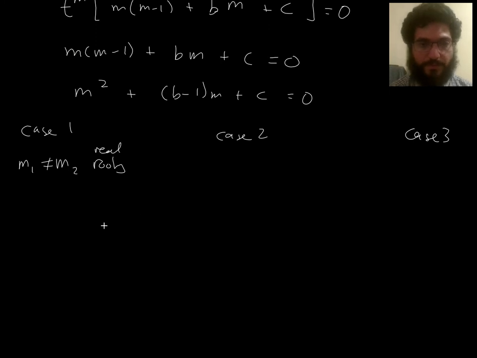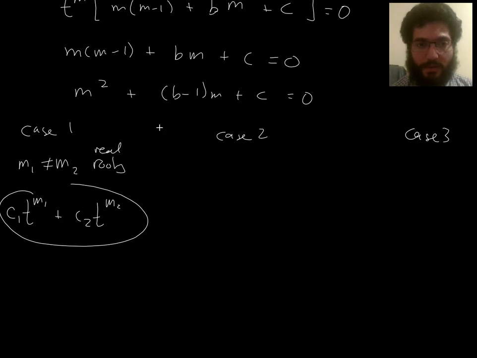Real roots. Then t to the m1 is one of our solutions, and t to the m2 is another one of our solutions. And if these are distinct, then these functions end up being linearly independent. So our general solution is just going to be c1 times that plus c2 times that. And there we are. So that's case 1.